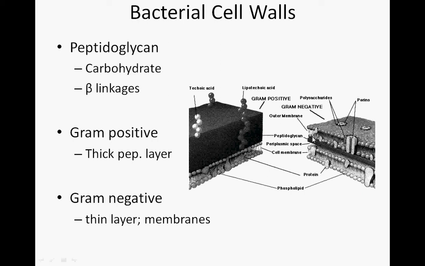The gram-negative cell wall has an additional membrane on top of it. So we have the cell membrane, the peptidoglycan layer here, and then an additional membrane over it. This entire thing, all three layers, are referred to as the gram-negative cell wall.